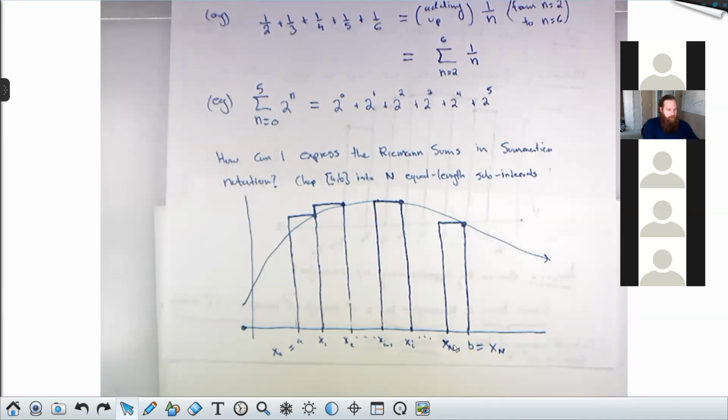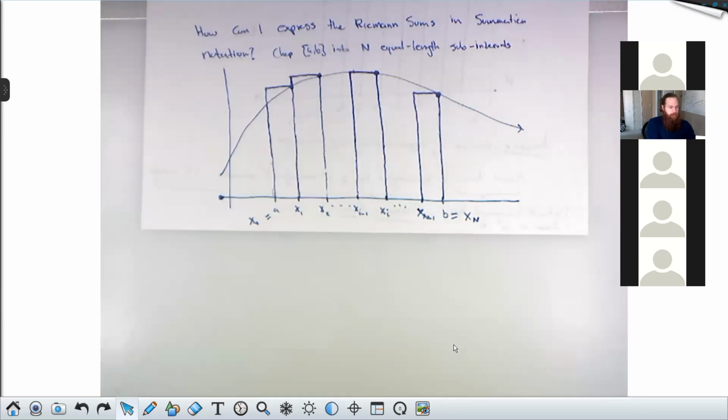Each of these subintervals, so here's where we're going to start getting a little bit technical.